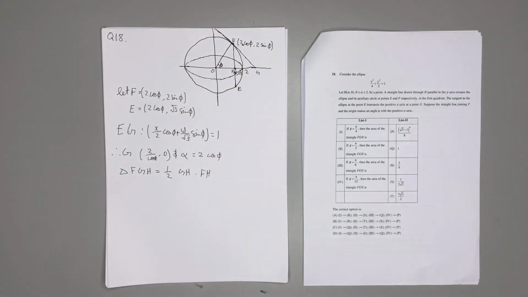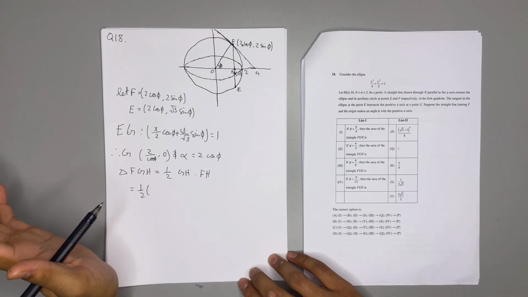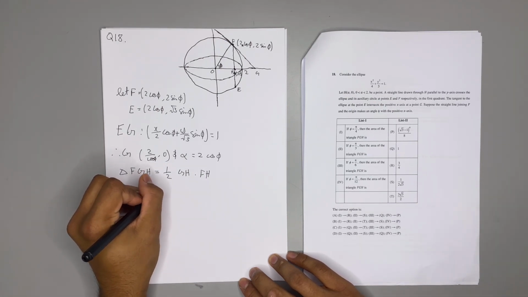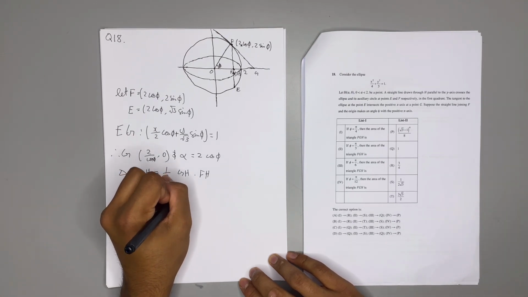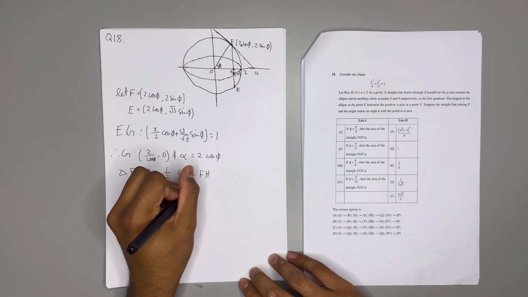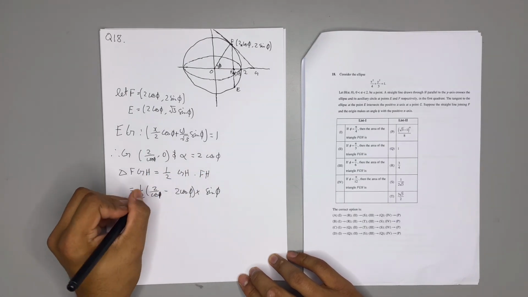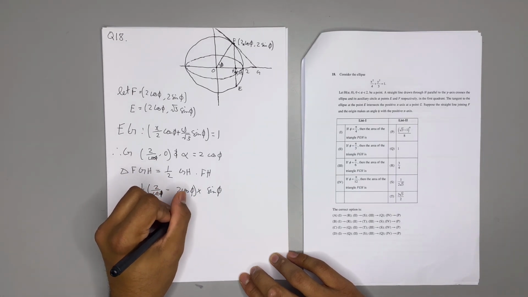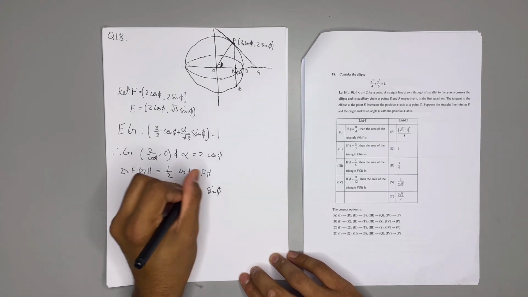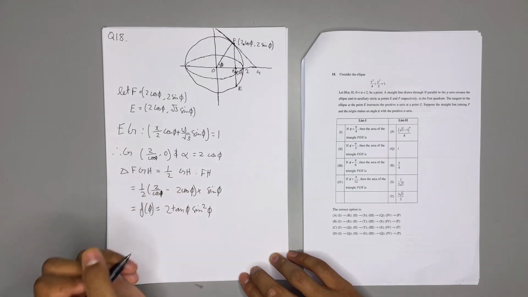Half GH multiplied by FH, which then equals 1 upon 2 times (2 upon cos phi minus 2 cos phi) multiplied by 2 sin phi. This then gives me f of phi, which is, when we simplify, 2 tan phi sine squared phi.